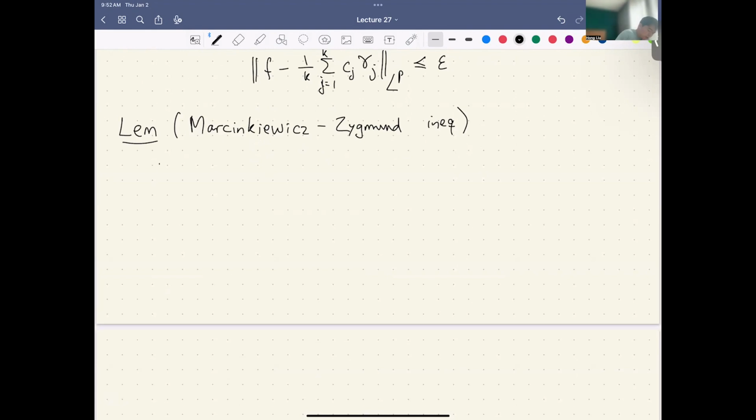The setup is the following. We have, again, some number p, at least 2.